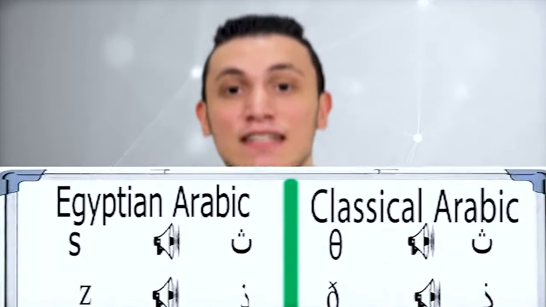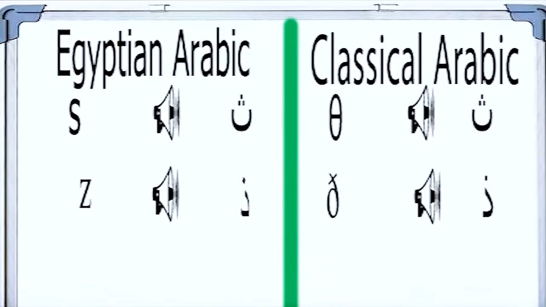In terms of pronunciation, we tend to use the S sound instead of the unvoiced TH sound, like we pronounce it like S. And we pronounce the voiced TH sound as Z, like Z.